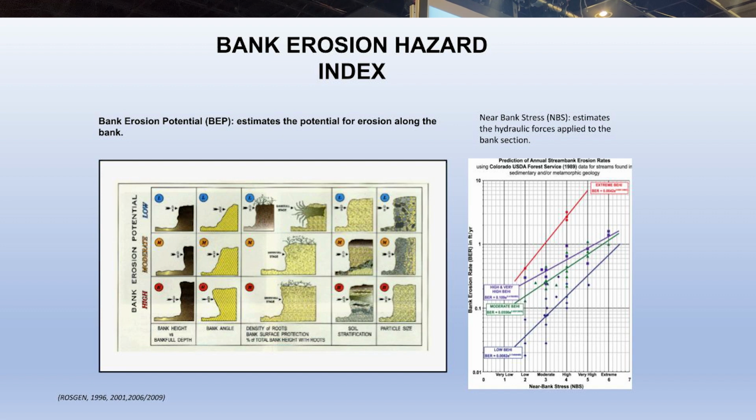Take that feet per year times the height of the bank times the length of the bank, and you get cubic yards per year, which you can change to tons per year pretty easily. You can map all of this out and look at entire drainages as tons per year coming out of this, and it breaks down to various reaches. So you can see where the high sediment source reaches are and where the high sediment source channels are.